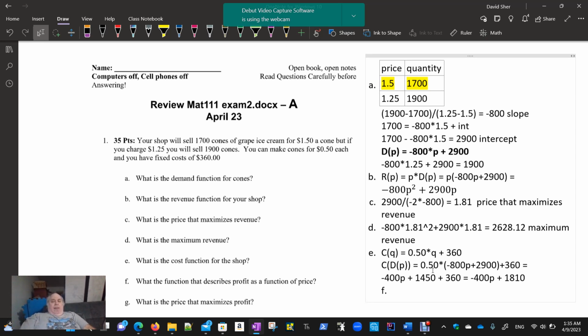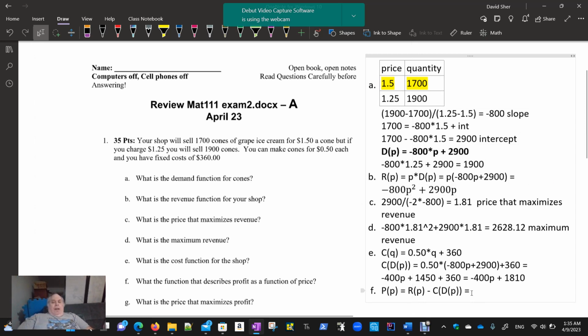Part F is going to be what is the profit function. And the profit function is the revenue minus the cost as a function of price, which is going to equal the revenue function we have over here.